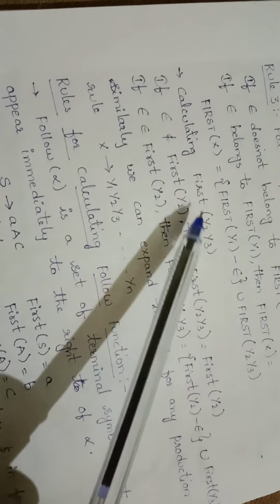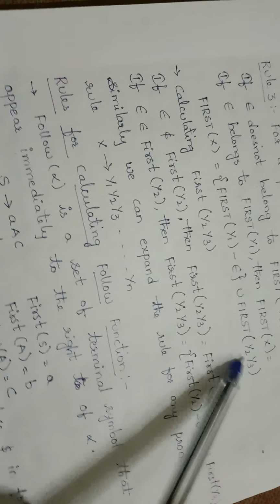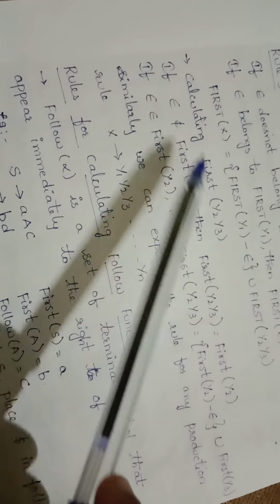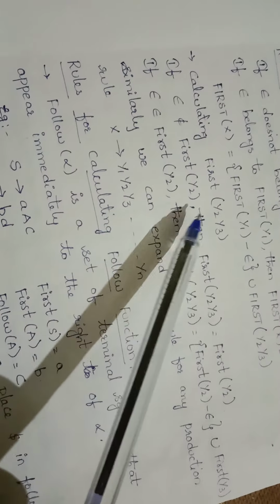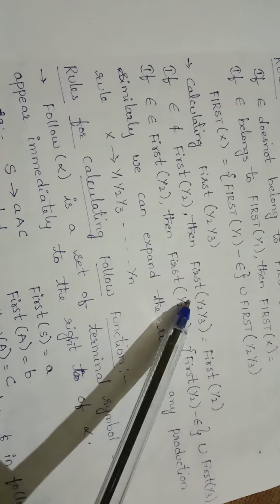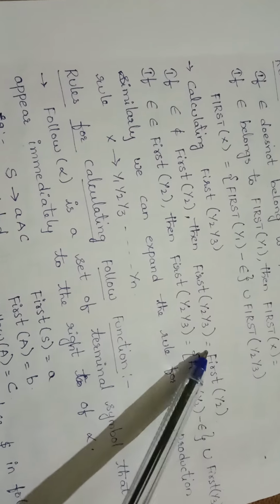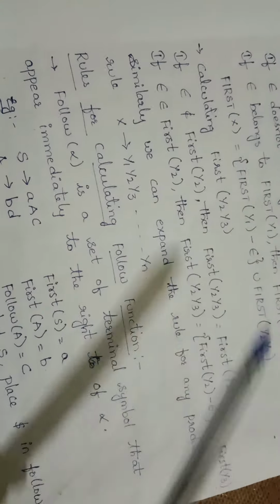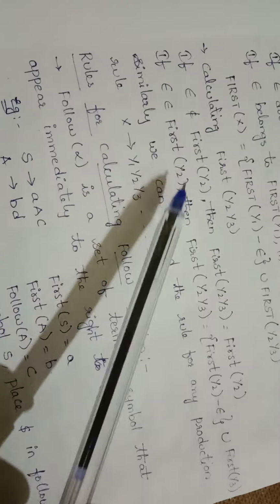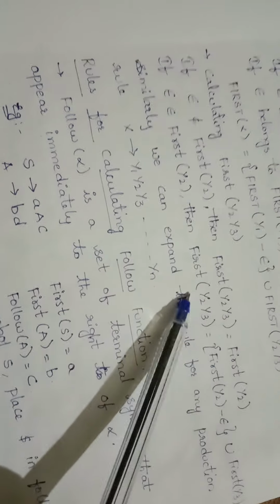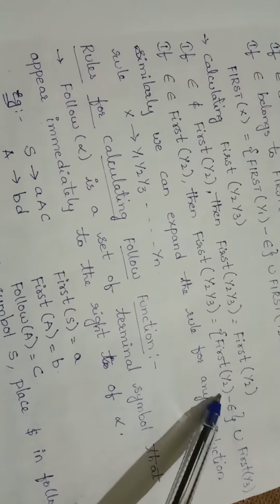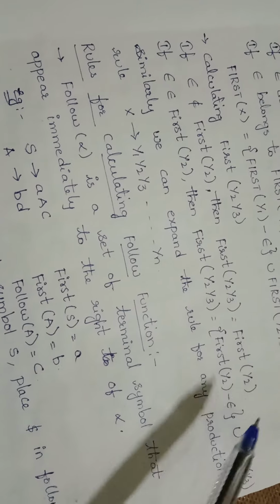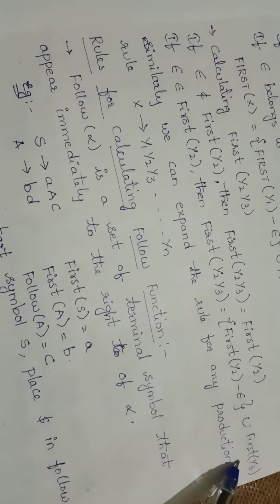Then calculating first of y2 y3: if epsilon does not belong to first of y2, then first of y2 y3 is equal to first of y2. If epsilon belongs to first of y2, then first of y2 y3 is equal to first of y2 minus epsilon union first of y3.